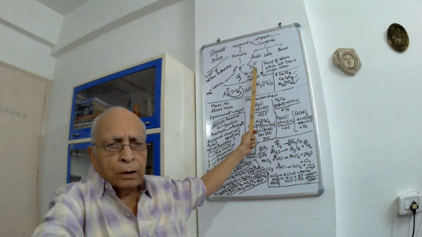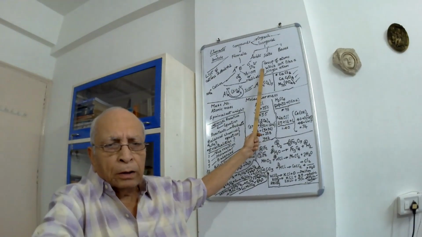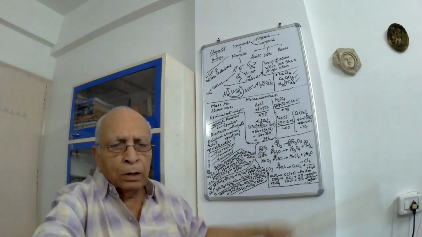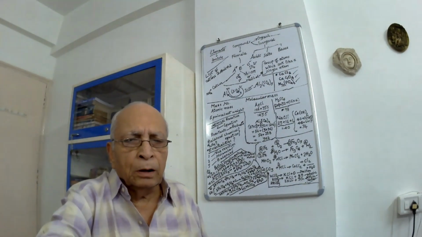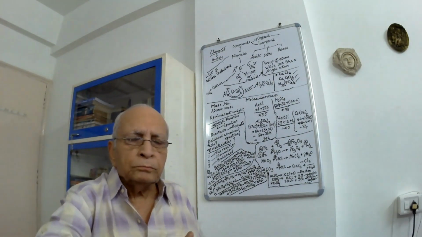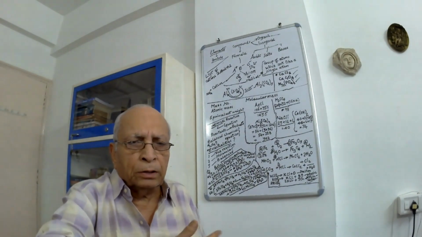Normally, if one electron is in excess, we need not write minus 1 or 1 minus. We simply put a minus sign there. But if the valency is more than 1, we write 2 minus or 3 minus, whatever is there.